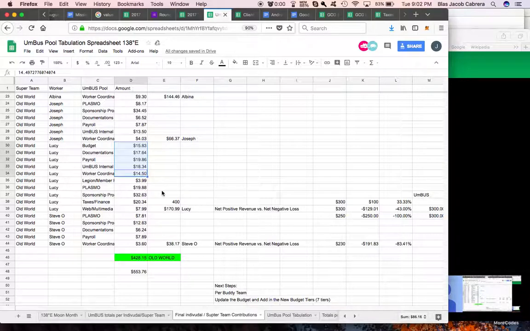I'm asking, can we, especially on worker coordination, add some amount there? Because really, worker coordination can be everything. Like before, you put more money on documentation, but worker coordination is also almost more than documentation. We can discuss how we want to do our budget, and it needs to be approved.